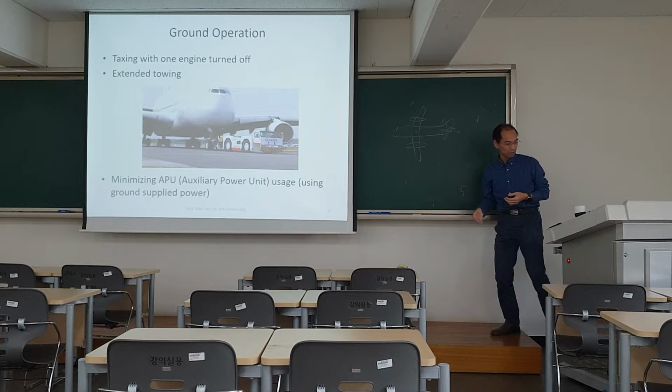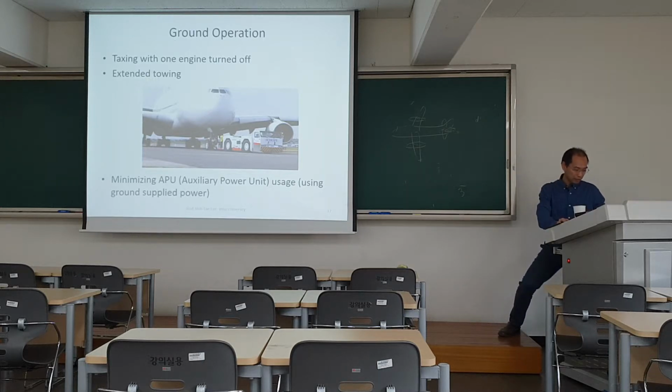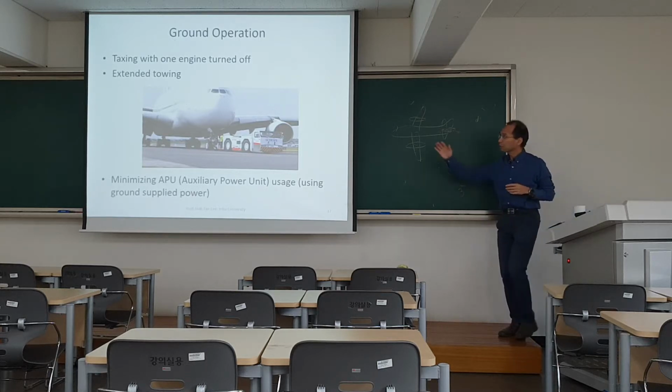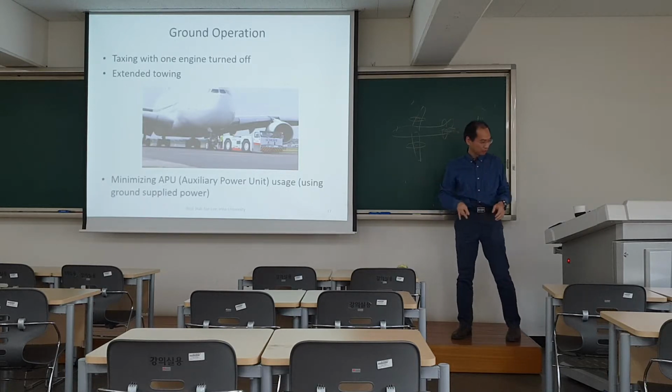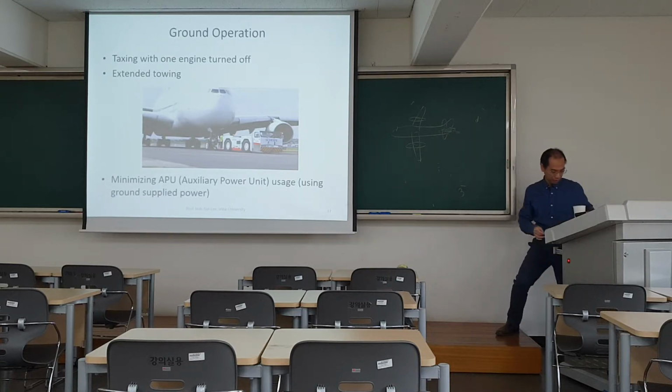That way, you can reduce the usage of the APU and reduce the noise. And most of these basically try to minimize the engine usage, which will not only reduce the noise, but also reduce any emission, and also it will help with climate change.